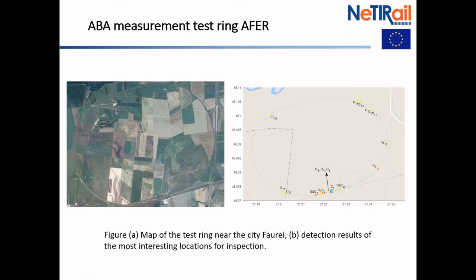We located them, did the mapping, and then later with the colleagues of Faur, we went to visit the whole test rig to validate what we found was there. Luckily, everything was there. We also checked to see if there were other small defects on the way, and we couldn't find any.